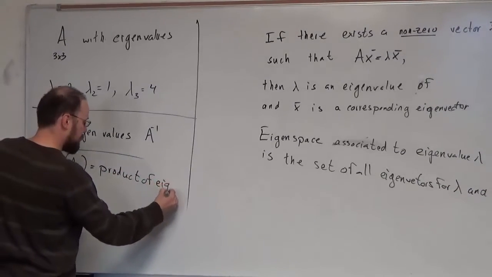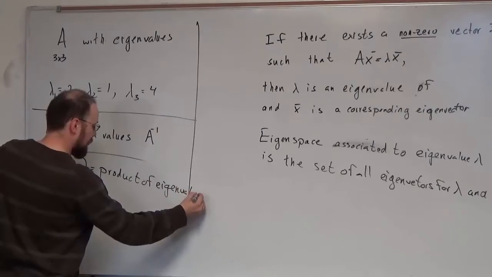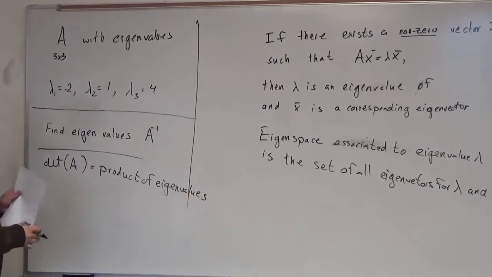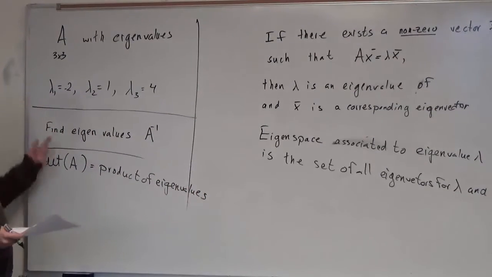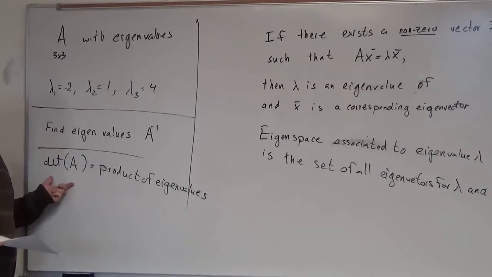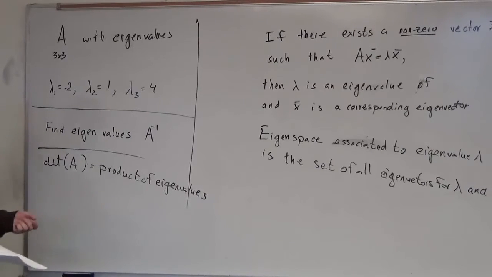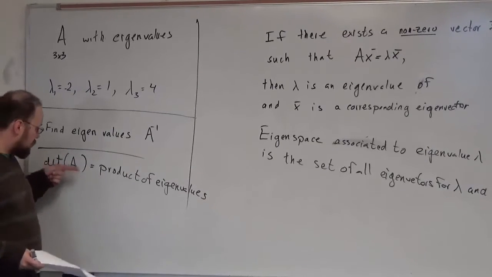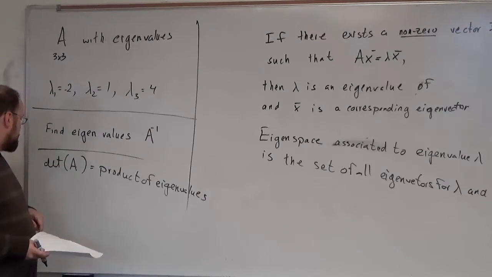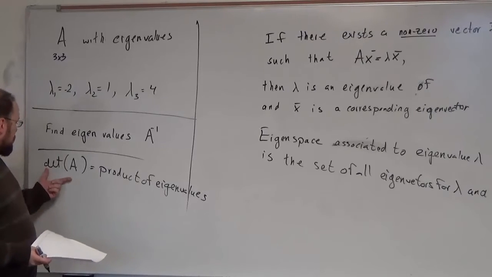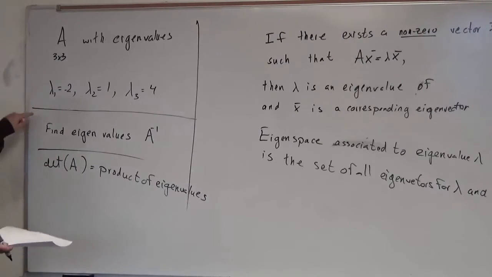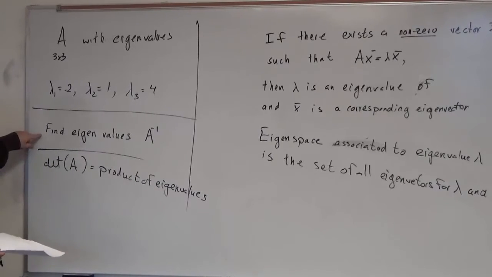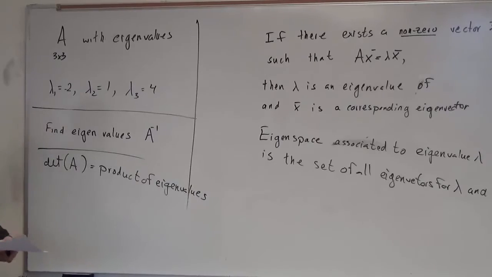So if one of your eigenvalues were 0, then the determinant of your square matrix is 0, and that's not invertible. But if none of the eigenvalues are 0, then the matrix has a non-zero determinant, and the matrix is invertible. So it's legitimate for me to ask for the eigenvalues of the inverse, because I'm guaranteed that it exists as none of the eigenvalues are 0.